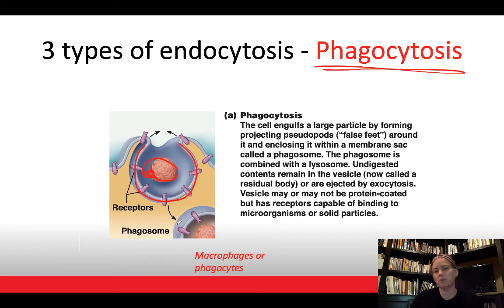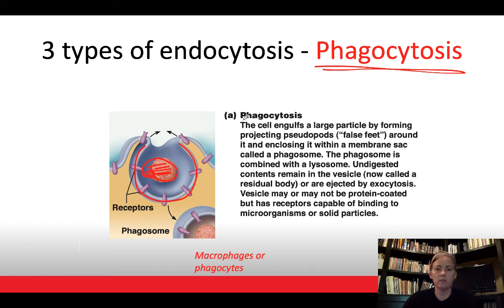Maybe it's going to eject it through the other side. Maybe it's going to digest it within the cell through enzymes. But it's basically going to engulf that large microorganism within the vesicle, and then it's going to end up doing something with it.